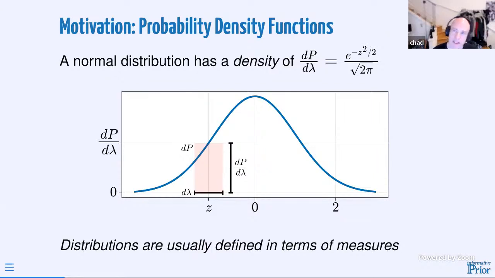So it hints at this idea that maybe measures are really more fundamental, and in some way it's more natural to work with measures all the way through. Because if we do this, there are a lot of things that we otherwise wouldn't even be able to express that are pretty easy to deal with when we just use measures directly.